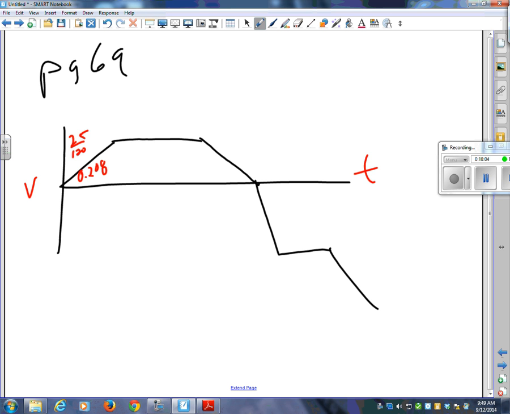Okay, and then the next one, obviously, the slope is 0. Here we're going down 25, so that's going to be minus 25 over 420 to 300, over 120. So that's going to be minus 0.208. In that steep section, we're going down minus 75.